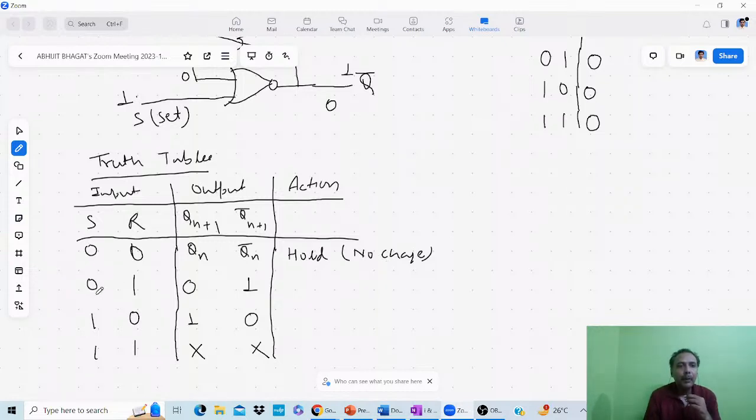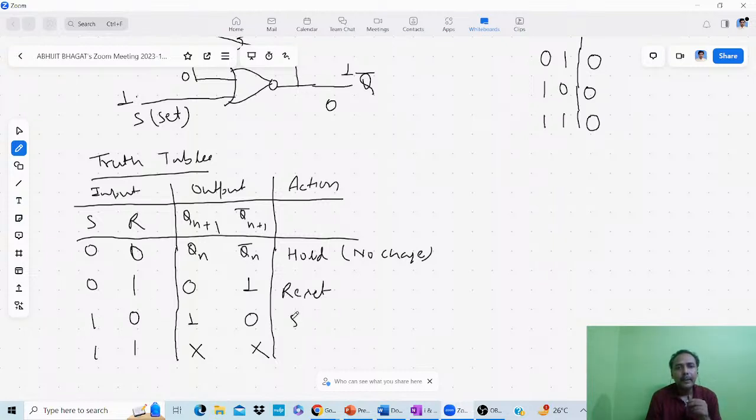When you supply the 0 1, your Q will be 0. So 0 means reset. Set means 1, reset means 0. So here your output is 0. When you supply the 0 1, your output Q is 0. So it is the reset condition. And in case of 1 0, the output Q is 1.